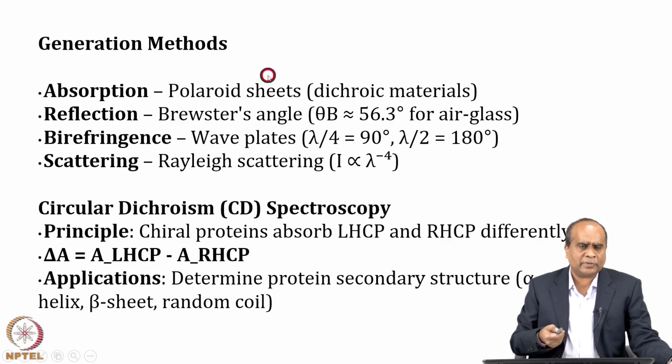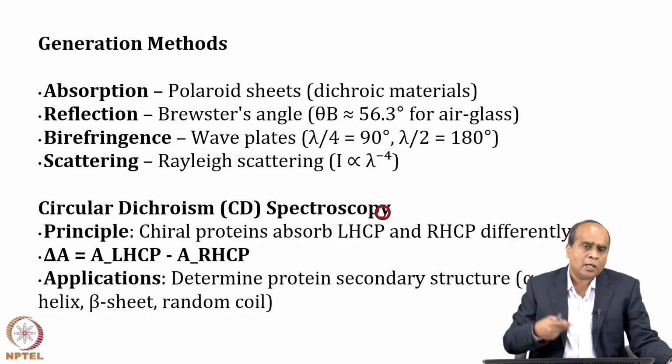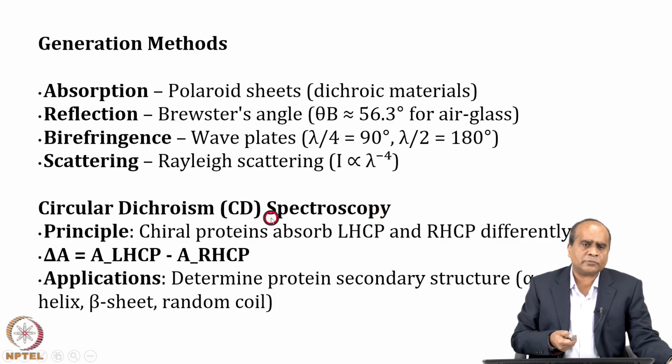Those basic concepts we know, but this week we will be mostly concentrating on circular dichroism. Circular means the light has to be circularly polarized and dichroism means two colors. So, two colors we are talking about which are circularly polarized light.